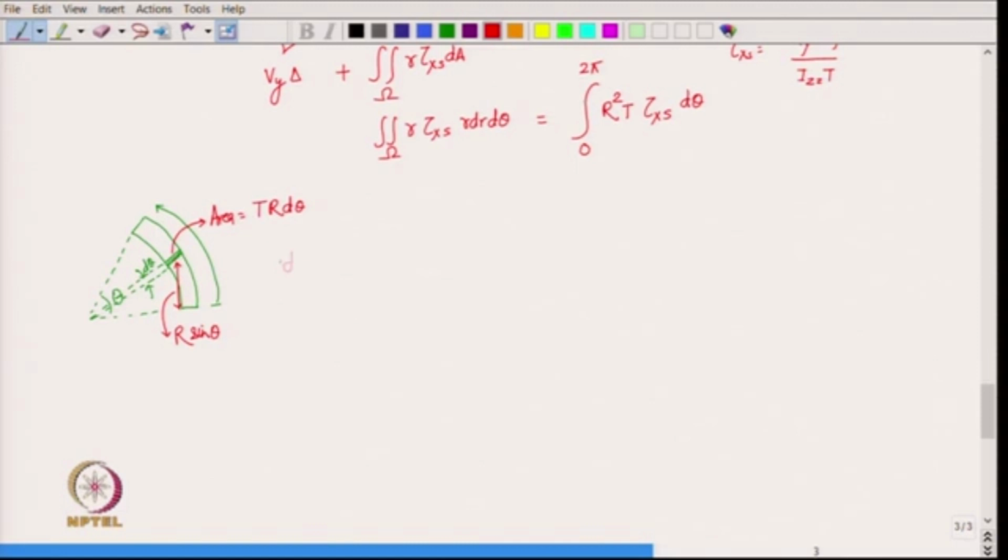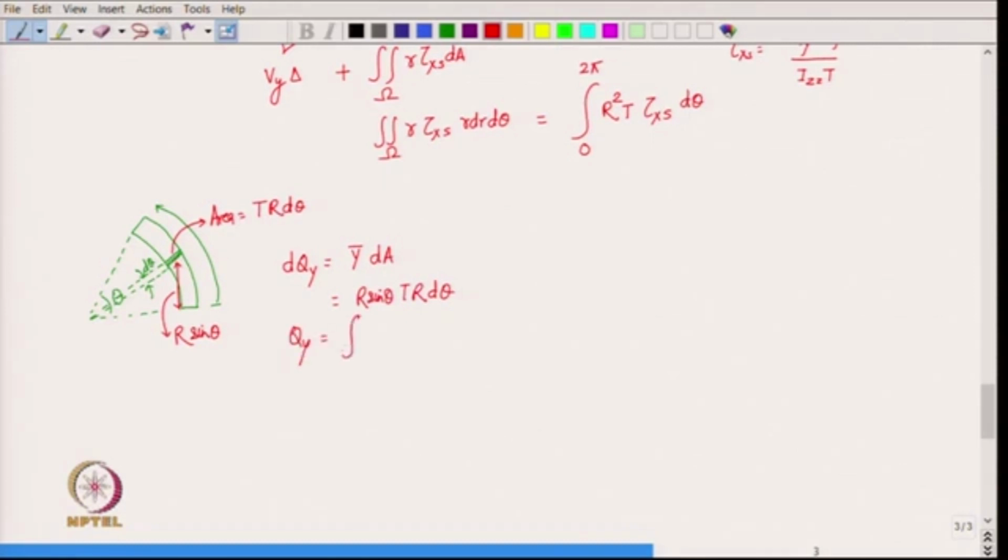So, what is then dqy, because we are only looking for the small area here, that is equal to y bar of this small area into dA, and that is equal to r sin theta times t times r d theta.